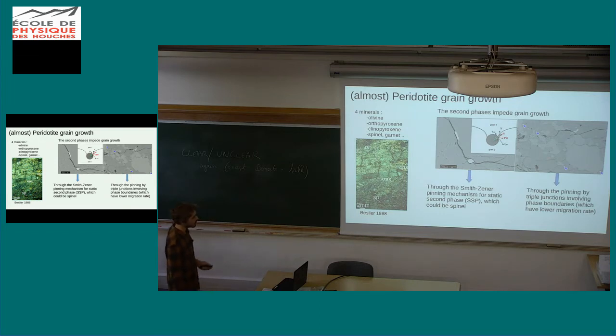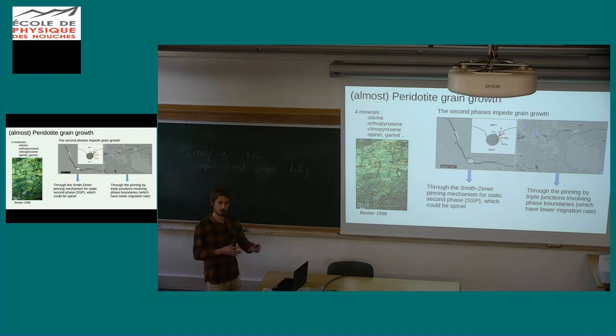The pyroxene grains are also growing simultaneously with the olivine, but they also impede the grain growth. You can see some phase boundaries which are curved near triple junctions involving a phase boundary, and this shows that the presence of this second phase is impeding the grain growth.